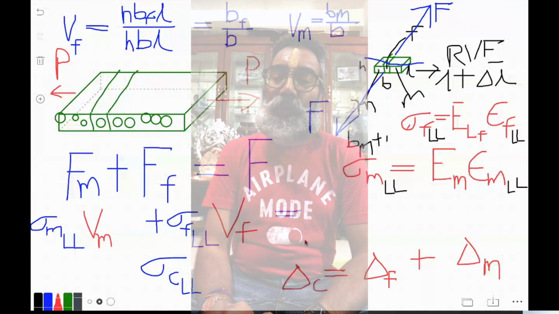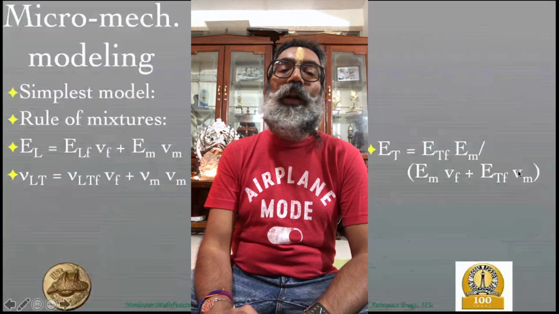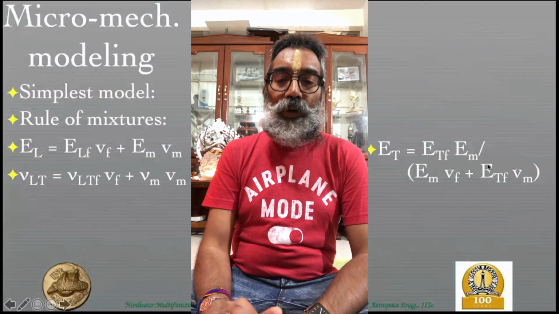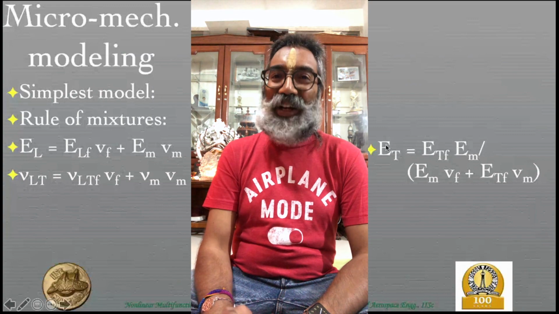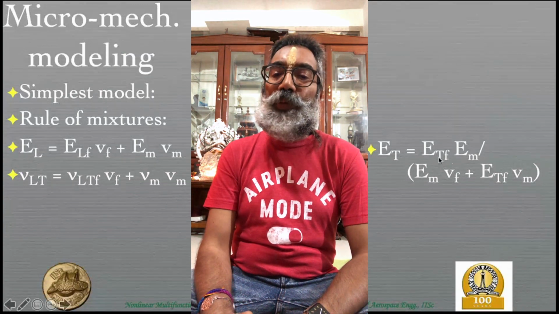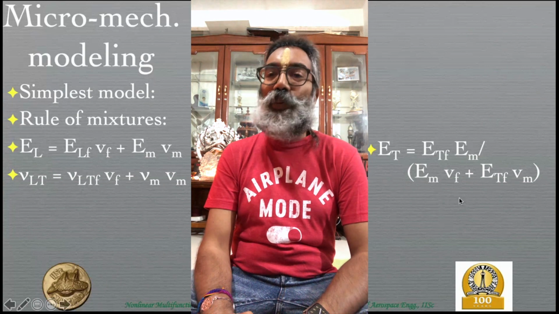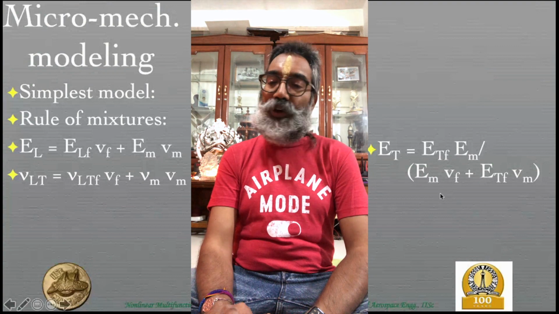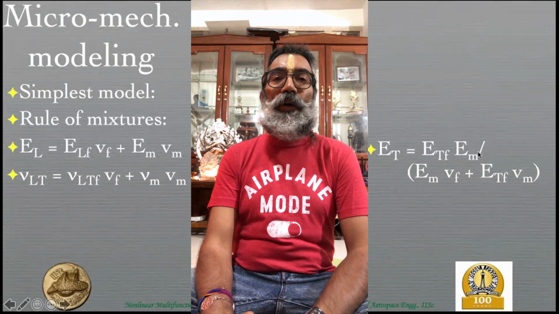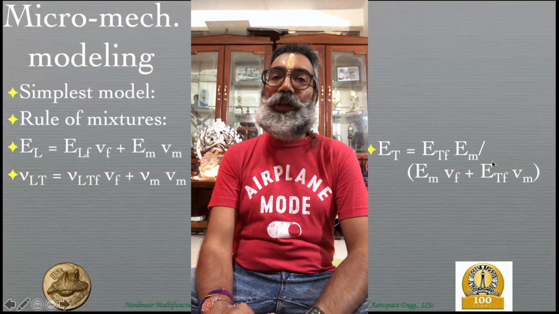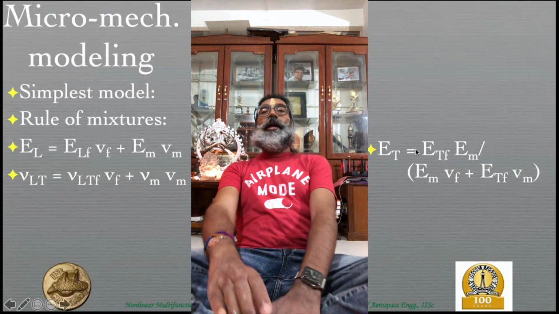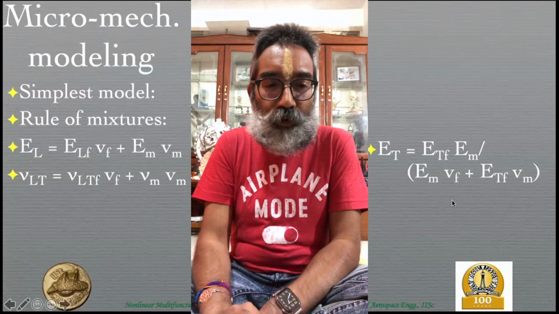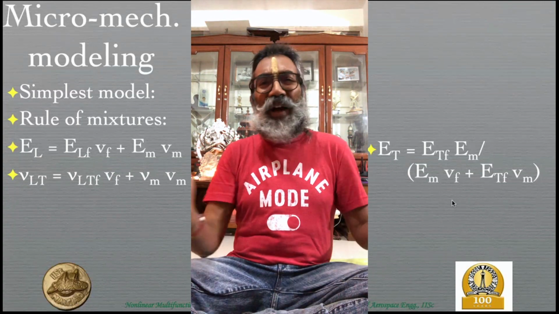But because of the fact that now displacements are getting summed up and the forces are equal, you end up with this kind of a relationship, a reciprocal kind of a relationship between, once again, the weighting factors or the weightages are in terms of the volume fractions of the fiber and the matrix, but just that the Young's moduli are there in the denominators, and therefore you have a little more complicated expression for this. So this is another of your homeworks, to use the simple rule of mixtures to derive this. You would find it in any textbook.